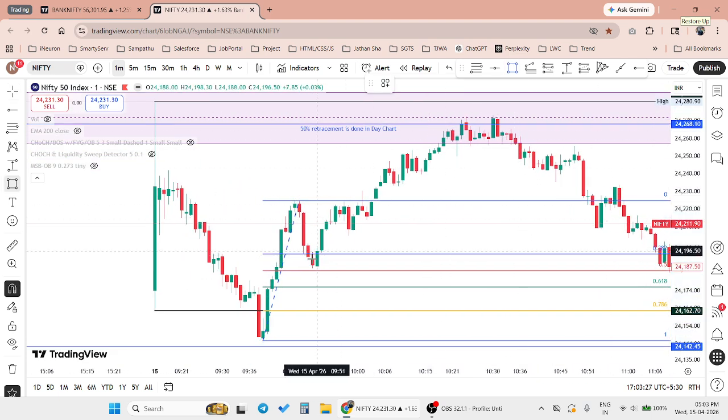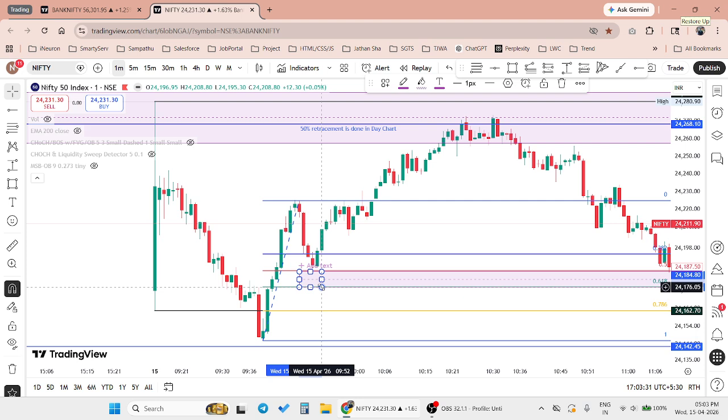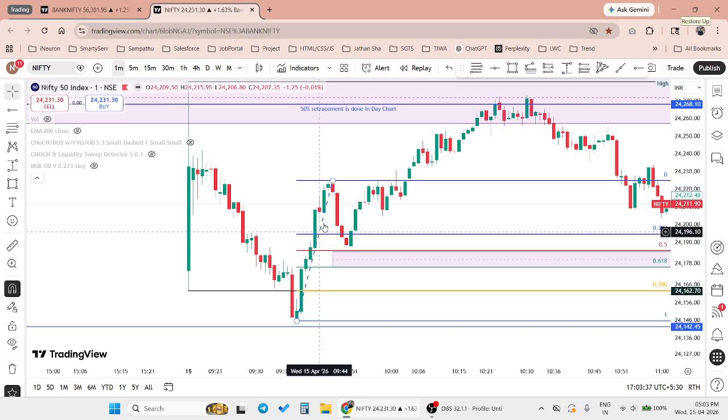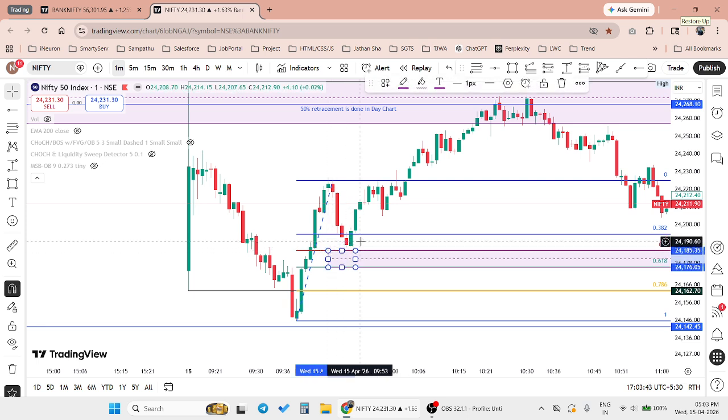So where is the golden zone? 0.5 to 0.6. Since it has come here, it came almost near to 0.5. If you look at the strike price chart, it has come to this level, 0.618 level.